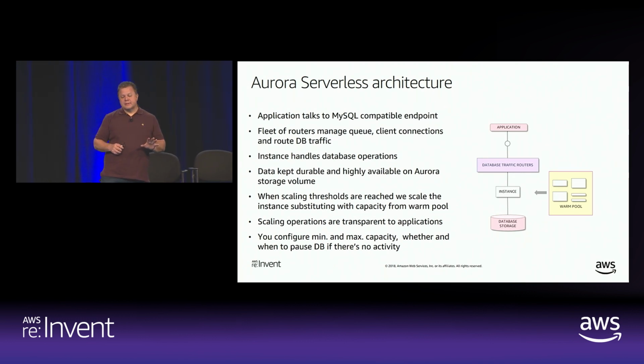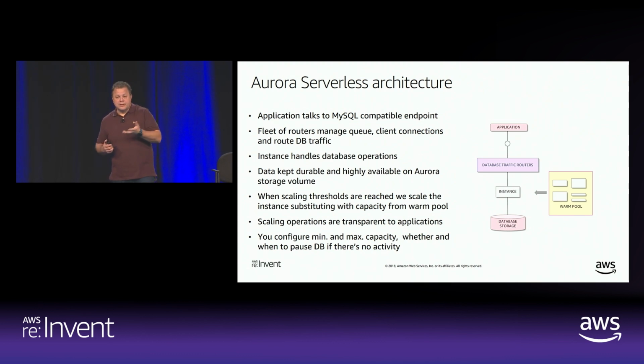The architecture itself is something like this. You remember I said that it's the same exact Aurora that we've been using. The main difference is that we have essentially a managed proxy layer that sits in between the application and the database. It's a MySQL compatible endpoint, so you don't need to change your drivers, you don't need to do anything other than just connect with the same tools that you already use to connect to Aurora. And then we have a fleet of routers that manage the queue, client connections, and route the database traffic to the appropriate instance.